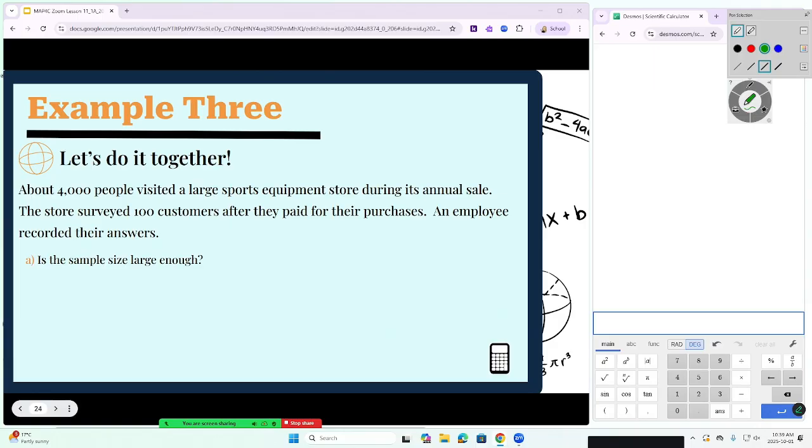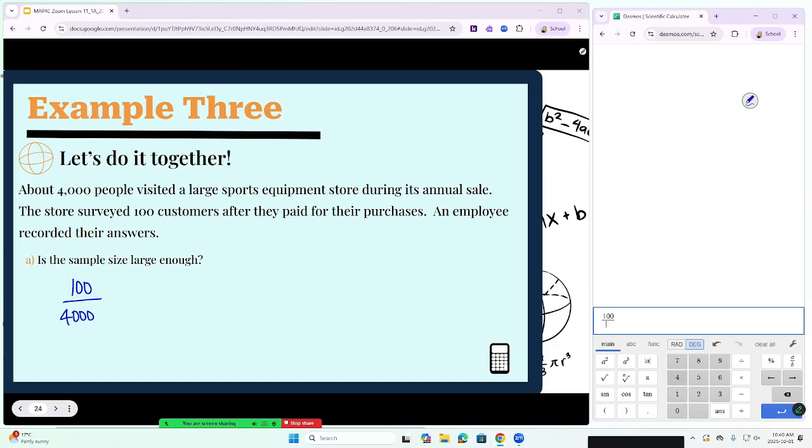Well, let's find out what the sample size is. There is 100 people of 4,000. So what is 100 divided by 4,000?